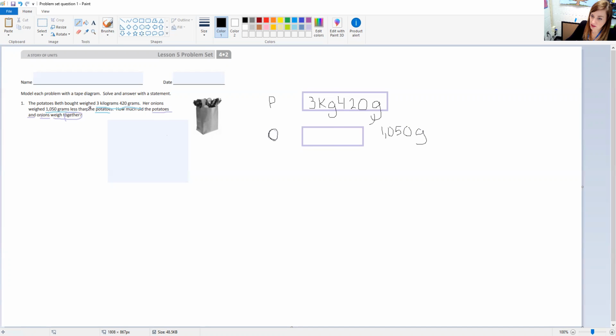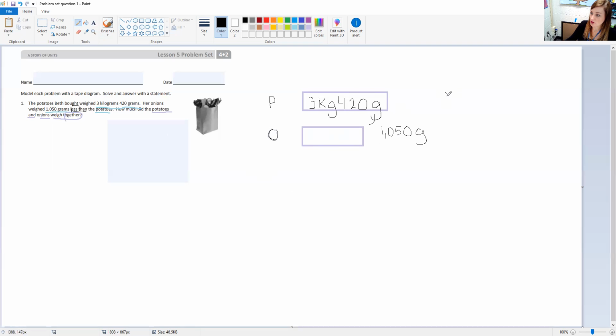So that's another keyword right there, less than the potatoes. When I hear less than, that makes me think, oh, I need to subtract in order to figure out how much the onions are. Because if they weigh this much less than the potatoes, then I've got to figure out how much they actually weighed. So let's start with that part.